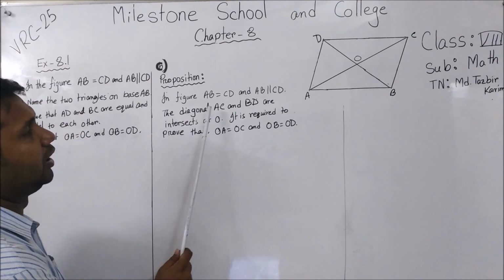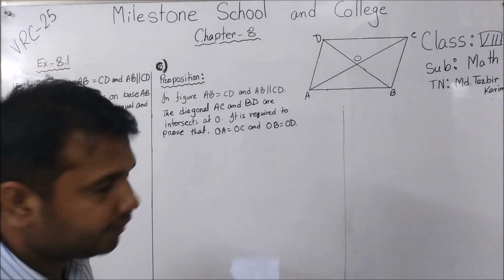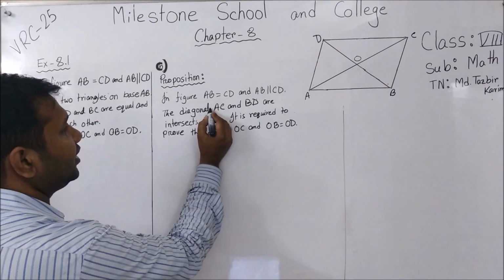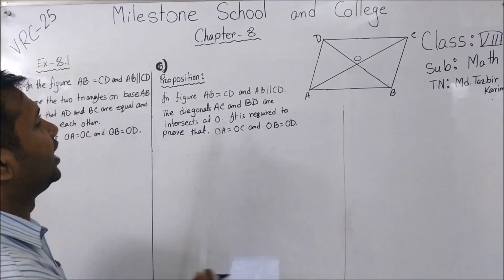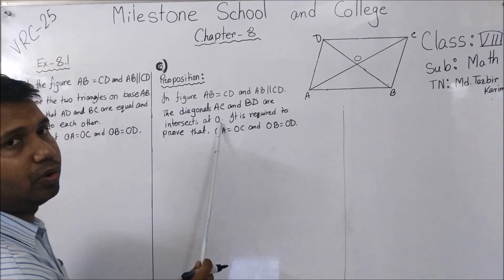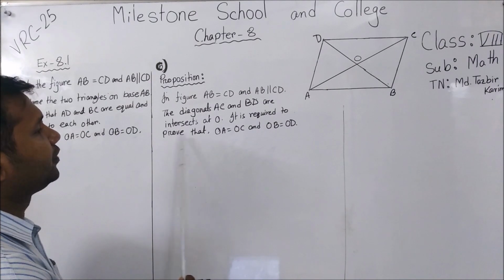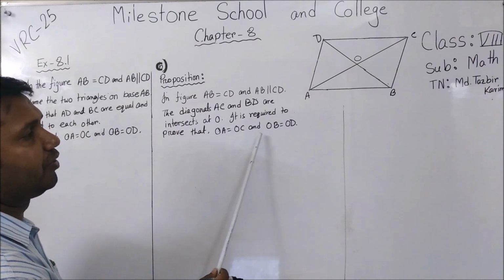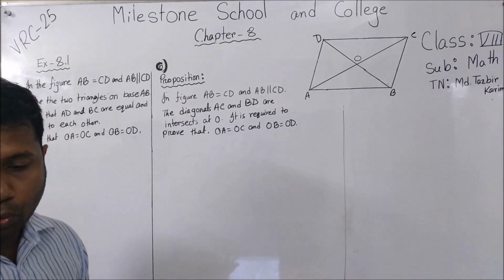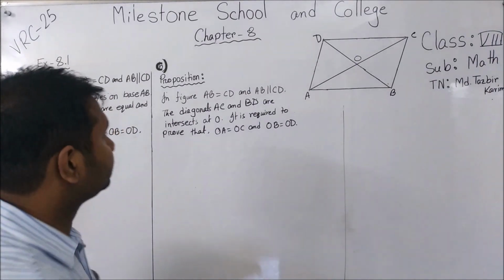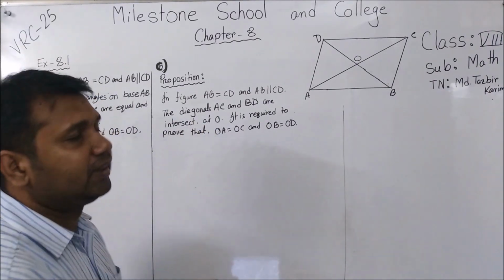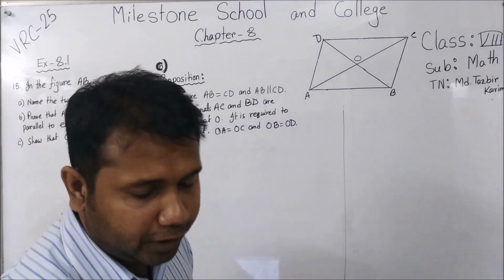The diagonals AC and BD intersect at O. It is required to prove that OA equals OC and OB equals OD. This is the proof we have to do.